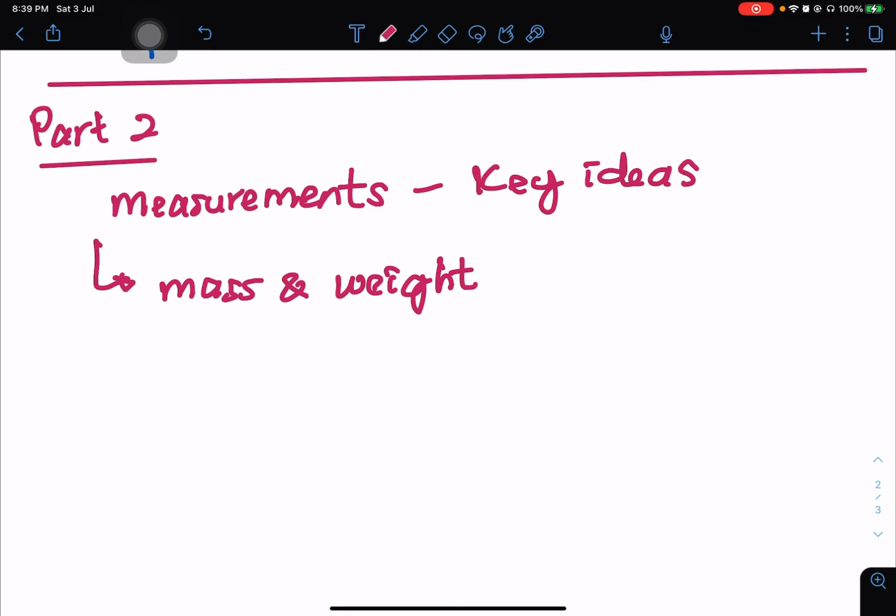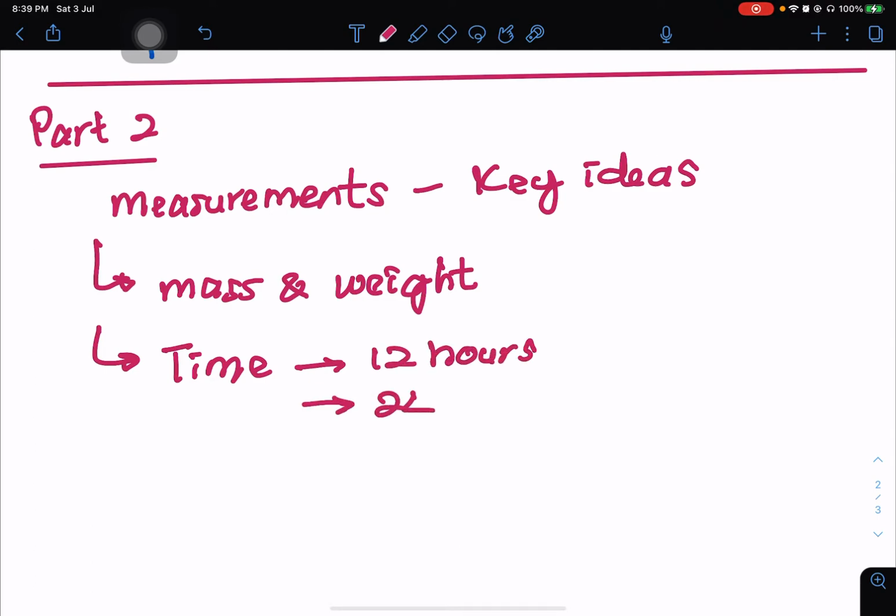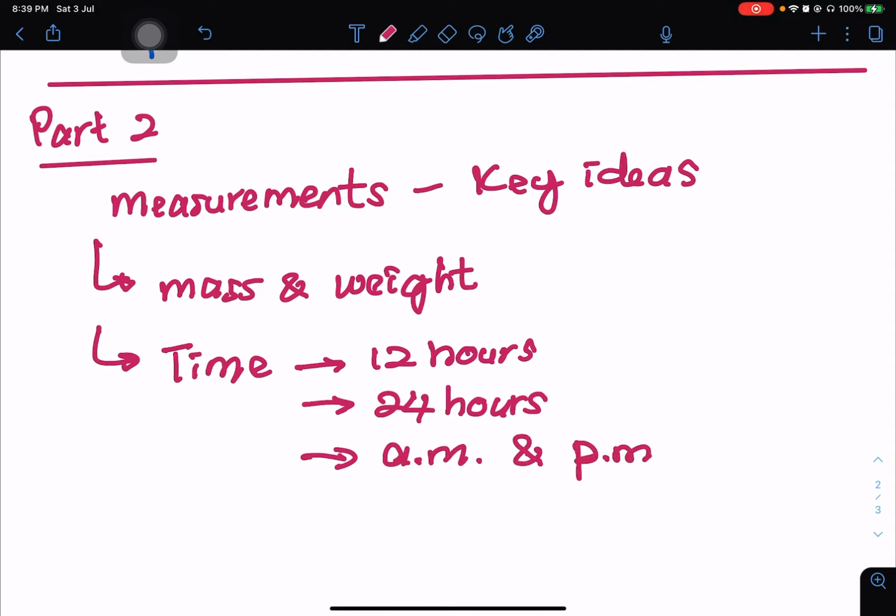So you need to be well versed when it comes to time: how do you read the 12 hours and how do you read the 24 hours. And we also have AM and PM. You also need to be able to explain that as well.